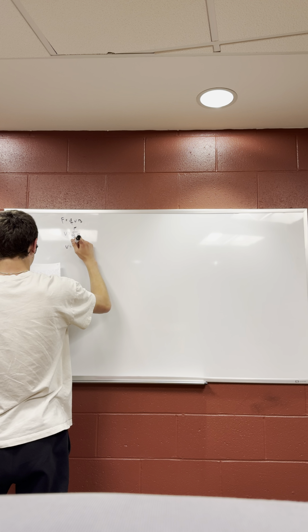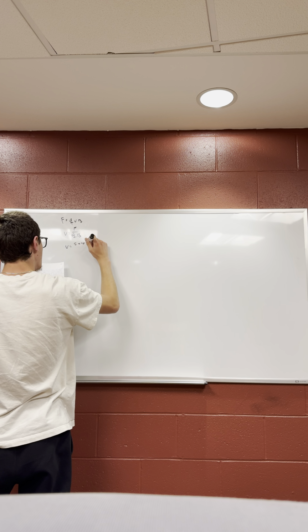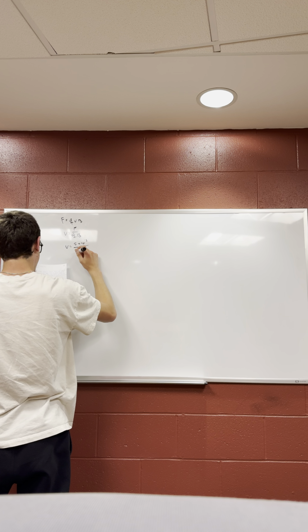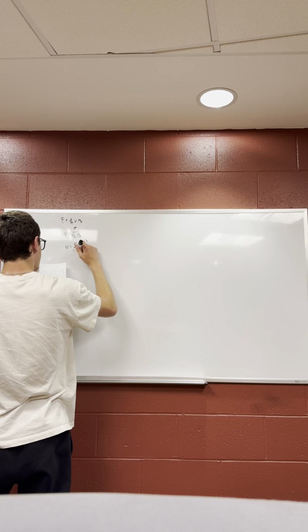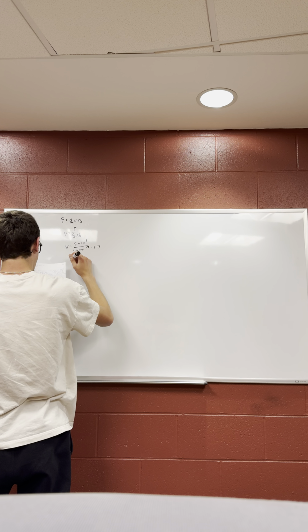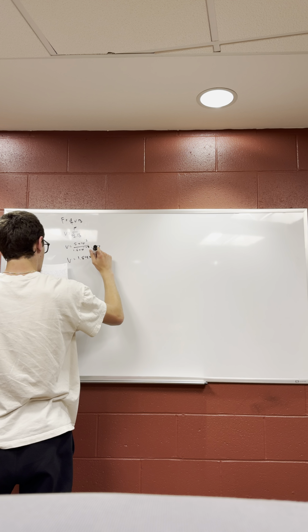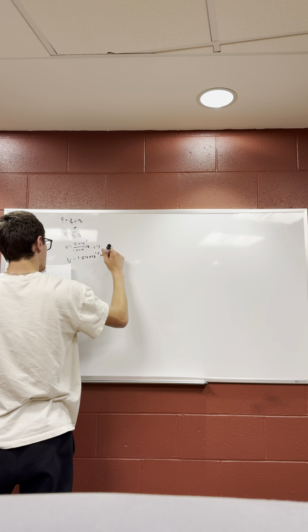Then V equals 5 times 10 to the negative 3 over 1.6 times 10 to the negative 19 times 1.7, where the velocity ends up equaling 1.84 times 10 to the 16 meters per second.